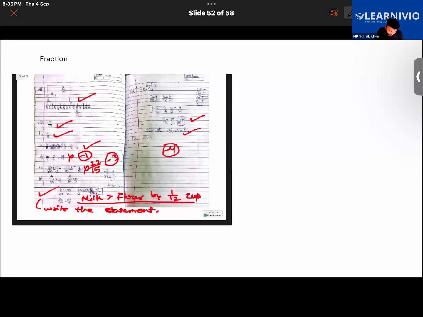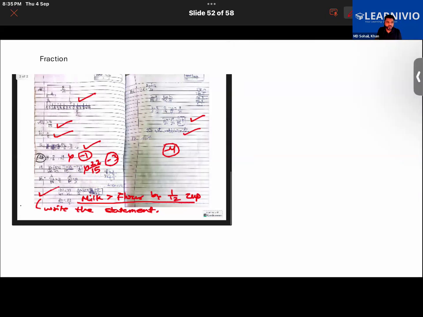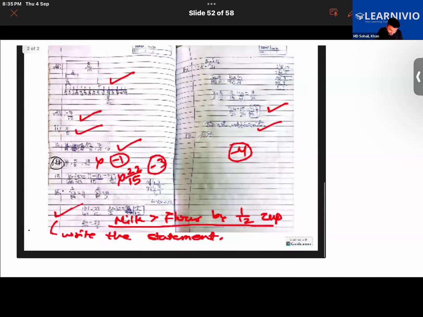Look at question number 11, I guess. Hold on. That's question number 14. Let me look at the question again. Question number 14 was: you have to write the following fractions in ascending order. Right, Nafis? So the first part you have answered correctly, but the second part is not correct.